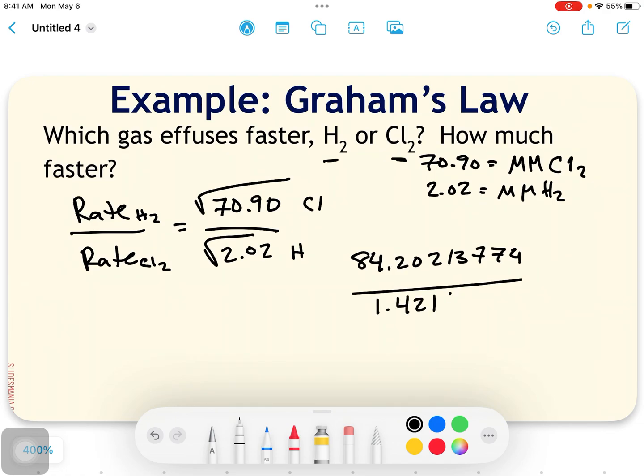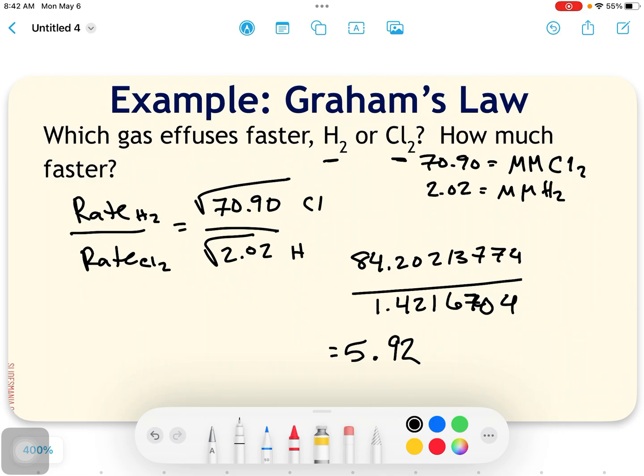You should get 1.42167704. We are then going to divide those 2 numbers, and you should get an answer that equals 5.92. It might be like 5.9227, whatever. I would say go to 3 sig figs.